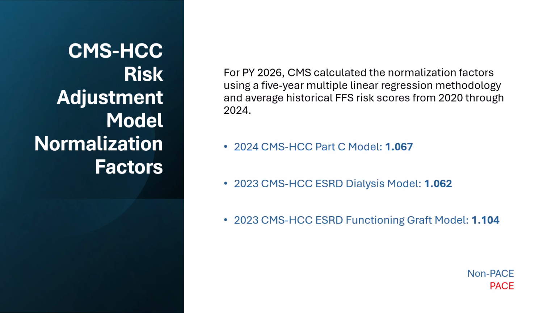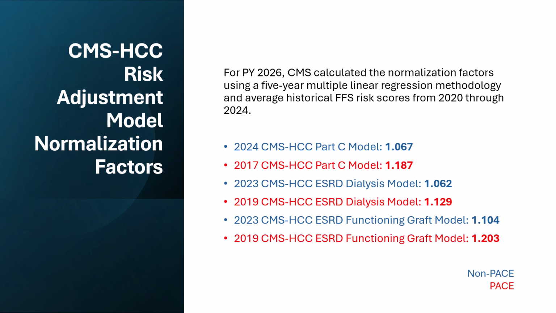For non-PACE organizations, CMS will continue the policy first adopted for SI 2022 to calculate all risk scores for payment to Medicare Advantage organizations and certain demonstrations using only risk adjustment eligible diagnoses from encounter data and fee-for-service claims.